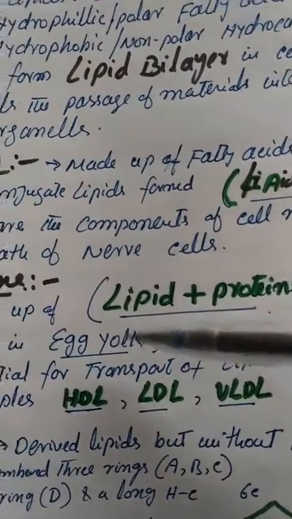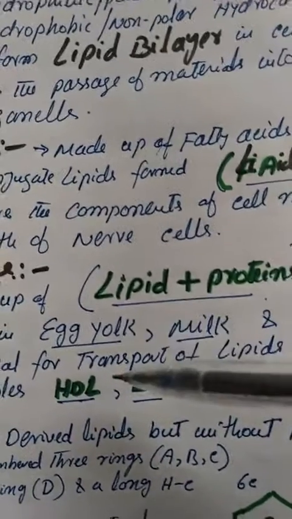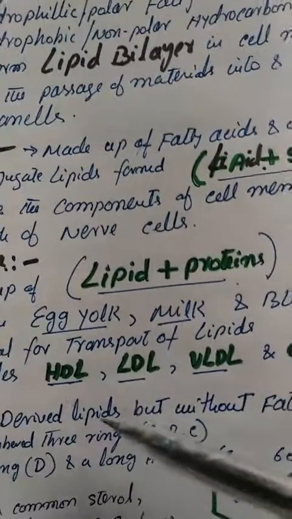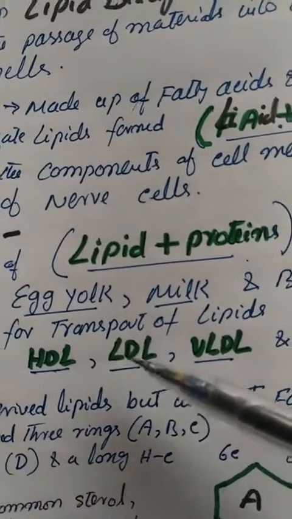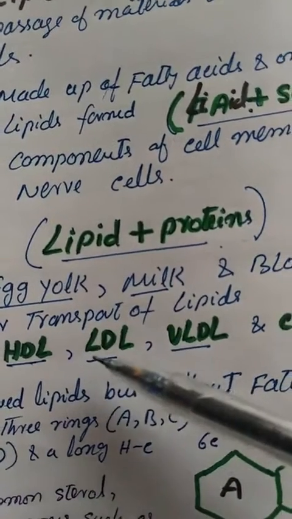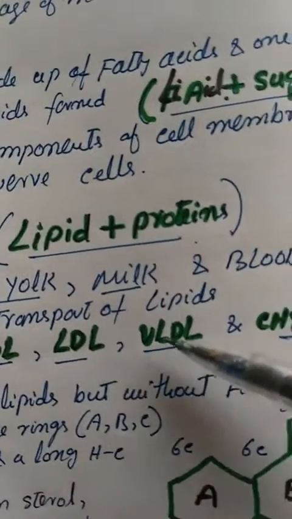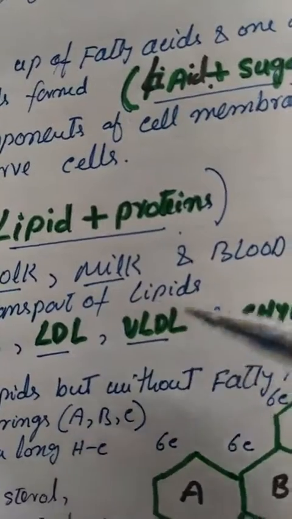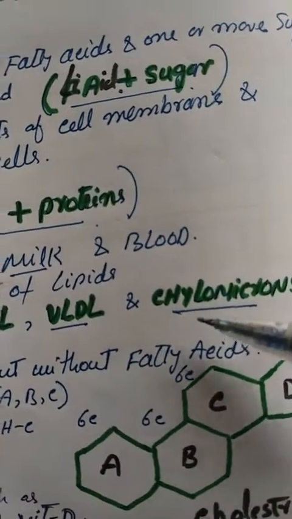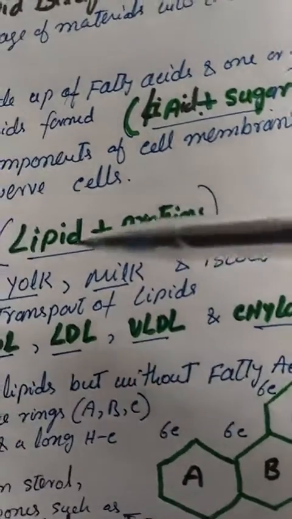Important examples include high density lipoprotein or HDL, low density lipoprotein or LDL, very low density lipoprotein or VLDL found in our blood, and chylomicrons.